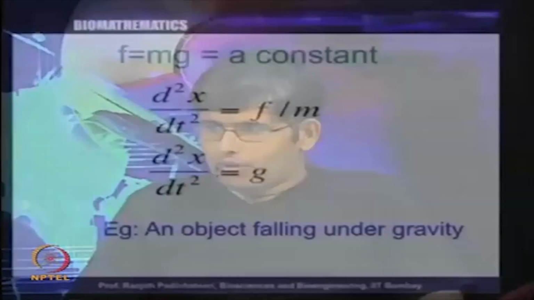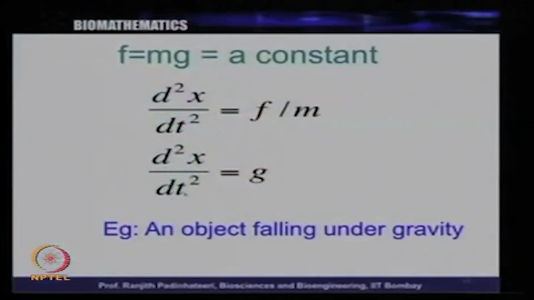So, again let us have a look at this equation, d square x by dt square. How does this x, which is the distance from the earth for this particular object that is falling, change with respect to time? That is the question we are asking. It turns out that this can be integrated the way we did for all of the cases.